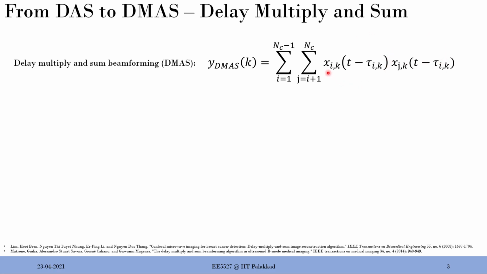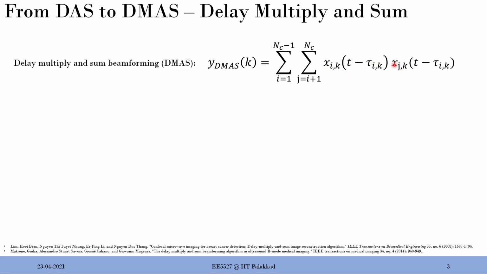You are multiplying the subsequent channels. So xi and xj are subsequent, or what you call neighborhood, channels. Let's put I equal to 1, then j goes from 2 to nc. So x1 remains the same, but the other will be x2, x3, x4.